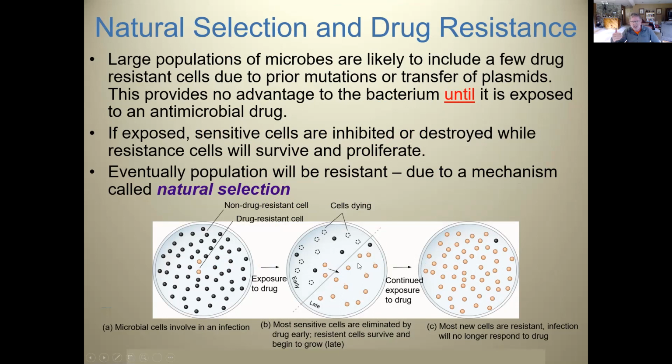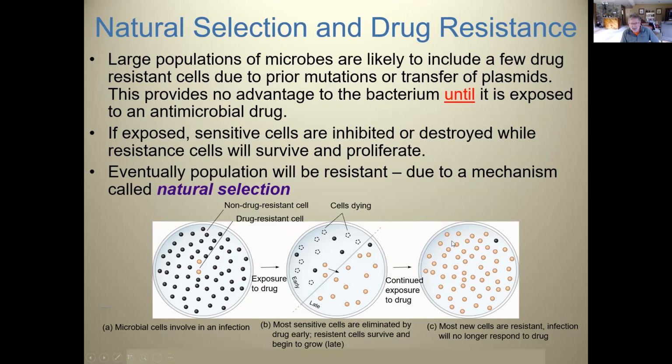If we were to continue to expose that population to that same drug, we would continue to kill off the non-resistant forms of the cells, but there would be a lot more that, of course, would grow. Those that survived are not going to be affected by that drug because, again, they can negate the action of the drug in whatever way. So this builds up resistance in a population, doesn't it?